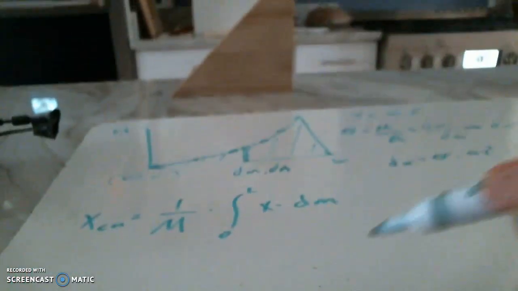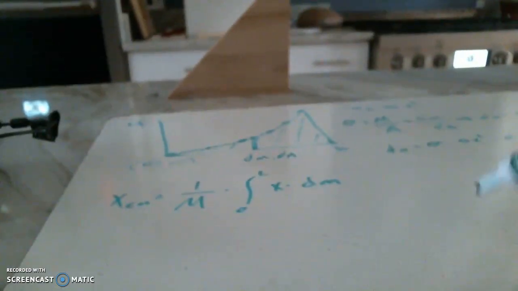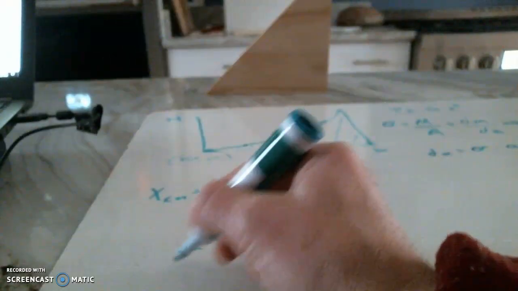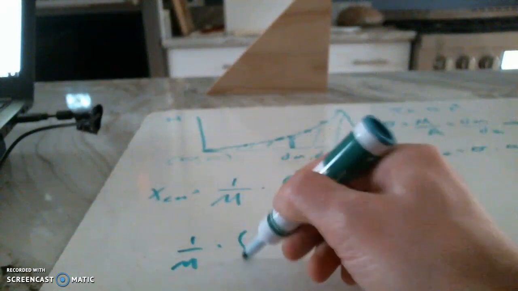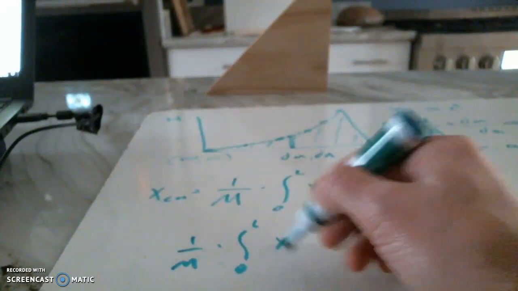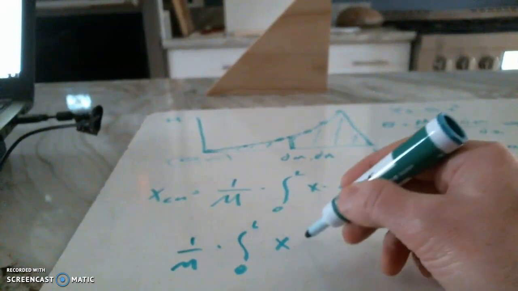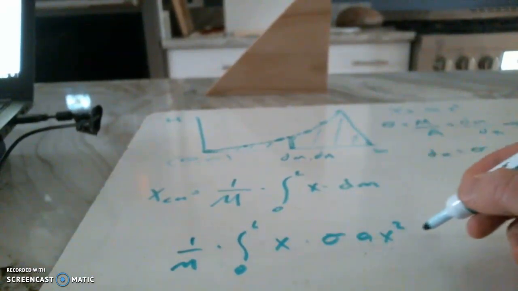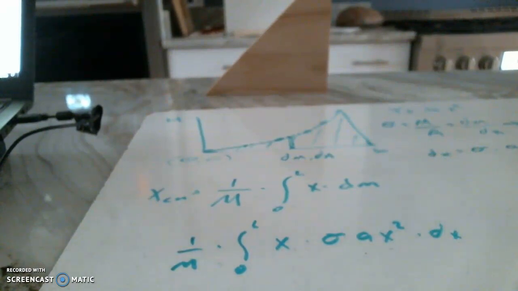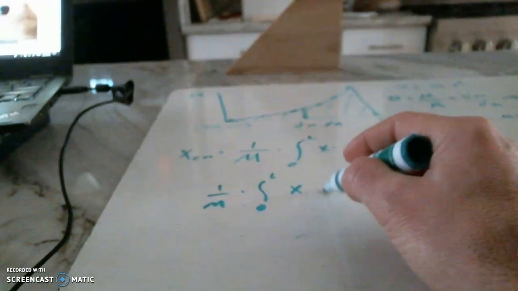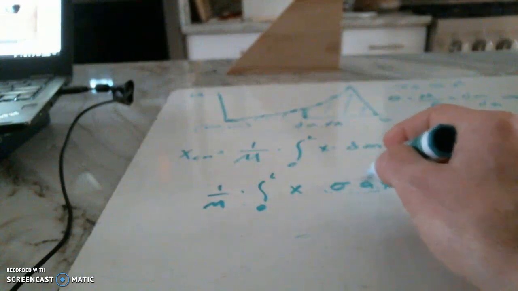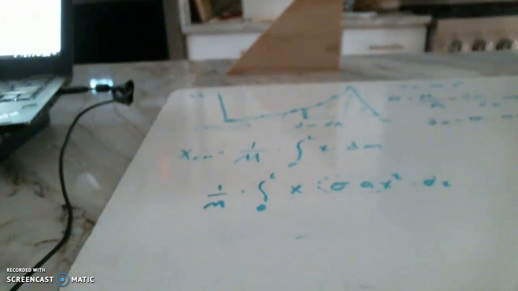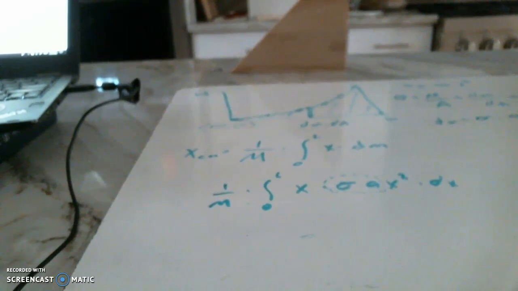So what I will do is simply replace this with 1 over M times the integral from 0 to L of x, where that dm is, again, sigma ax squared dx. All right, so this guy is going to end up simplifying quite a bit because this sigma and a are constants, so I can fish out the sigma and the a.